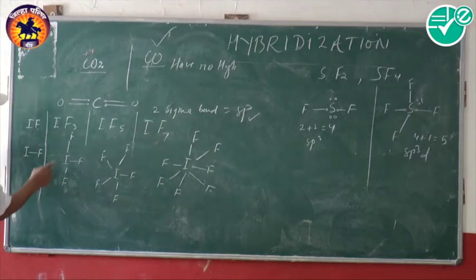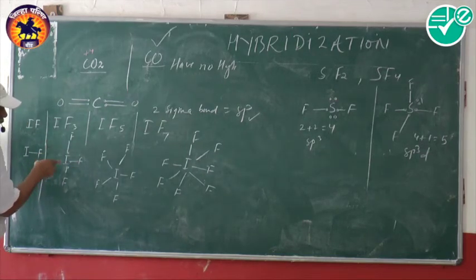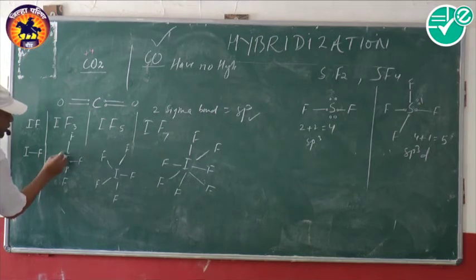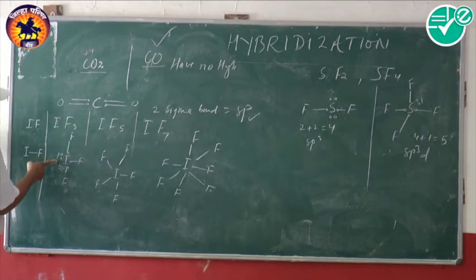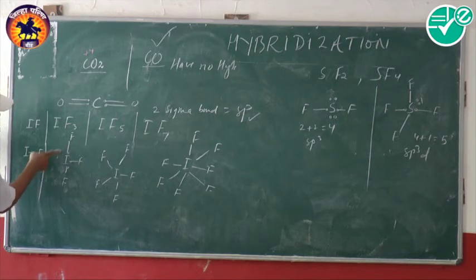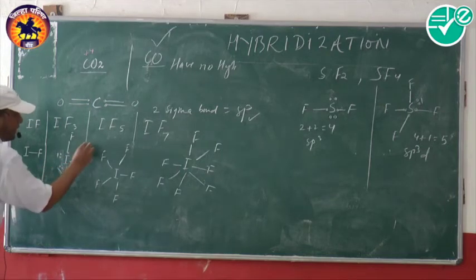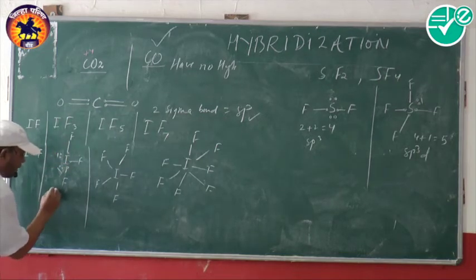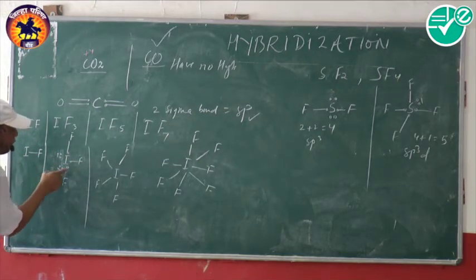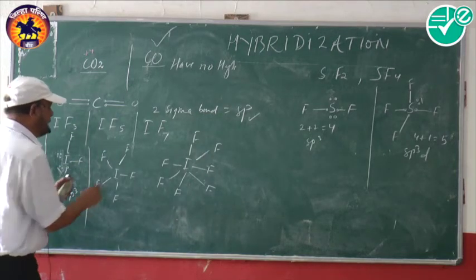But in this IF3, 3 electrons are used, there are remaining 4 electrons, 1, 2, 3, 4 as lone pair, because iodine belongs to group 7. There are 3 bonds plus 2 lone pairs, so 1, 2, 3, 4 and 5, 5 bonds. Hence sp3d.